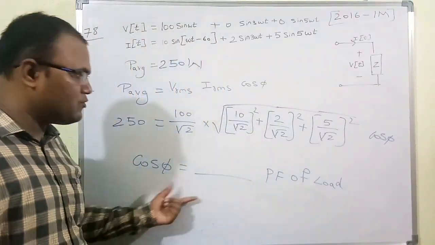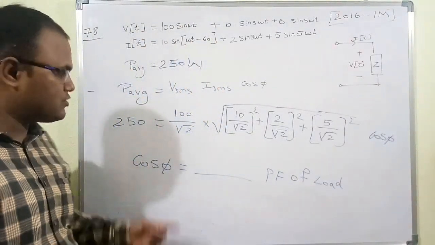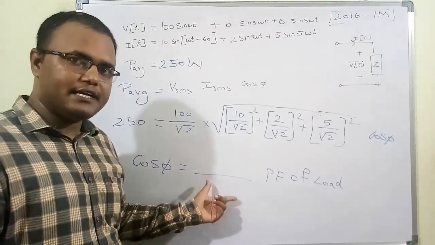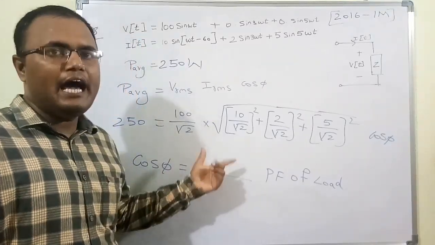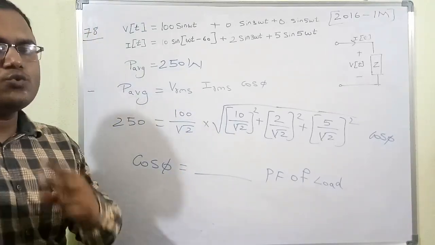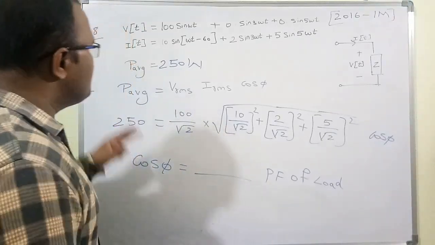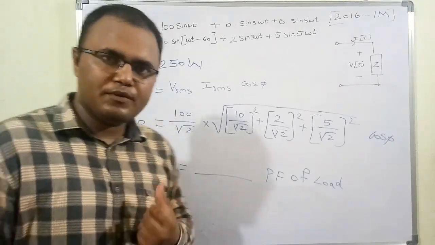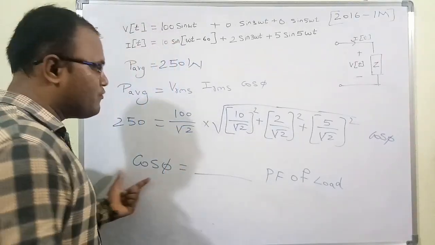I didn't calculate the value. Please try to calculate this value with your calculator and write the answer in your notebook. So with this example we learned two concepts: the average power consumed by the load and also the power factor of the load.